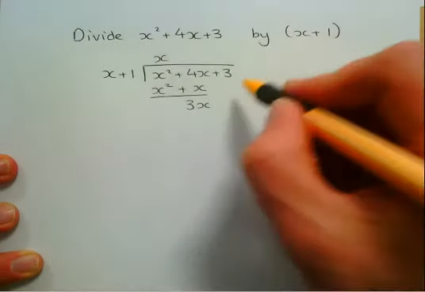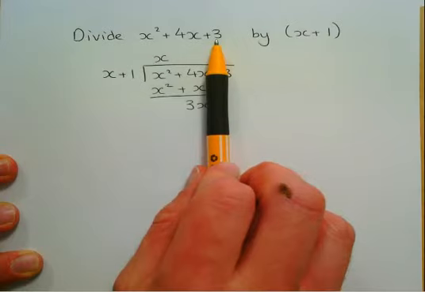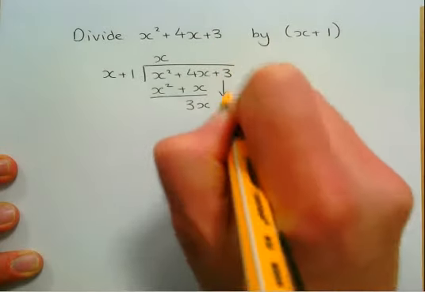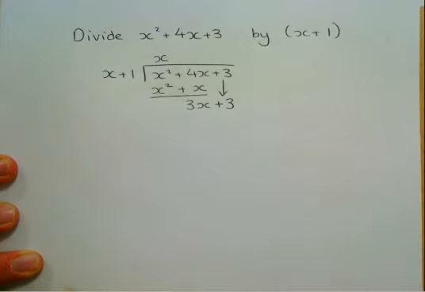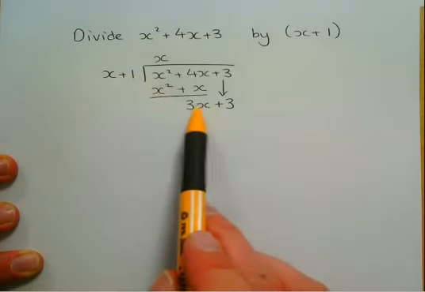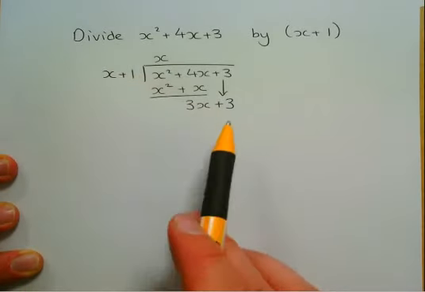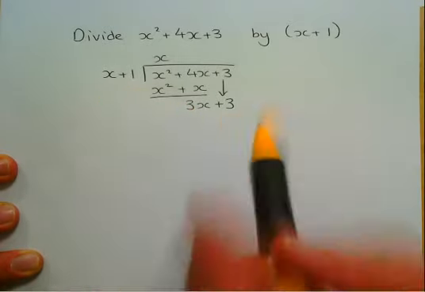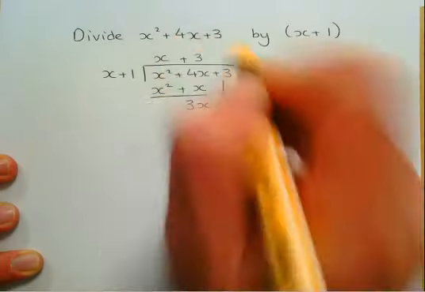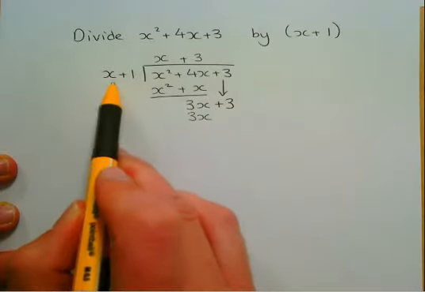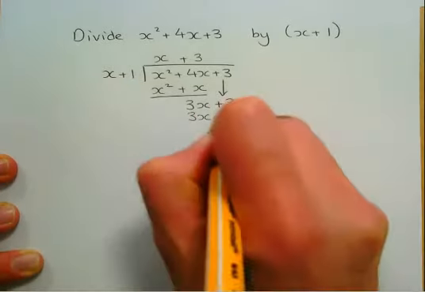Now because we haven't reached the end of our polynomial, we've still got this 3 term. What we're going to do each time, we're going to bring down the next term and ask ourselves the same question. What do we times x plus 1 by to get to 3x plus 3? Well, we don't have to raise the power, but if we multiply x by 3, so positive 3, we're going to get 3x, and let's multiply this whole 2 terms by 3 as well.